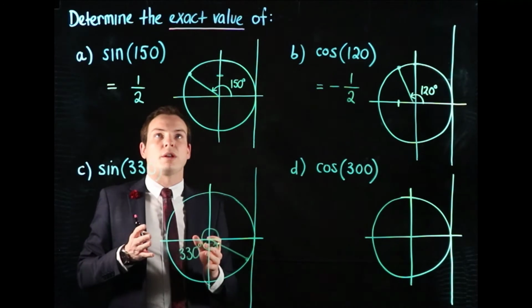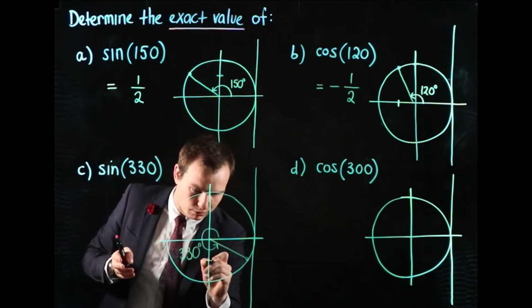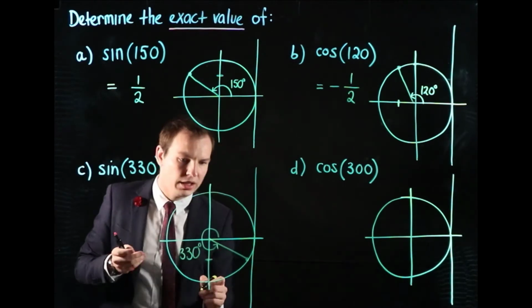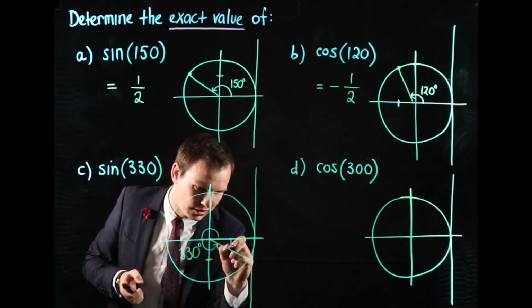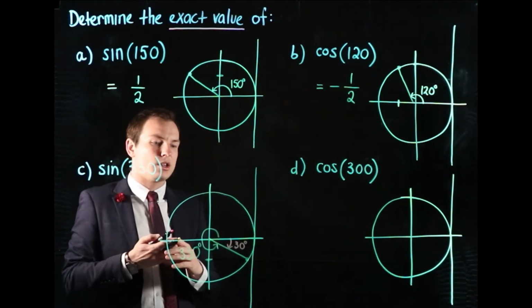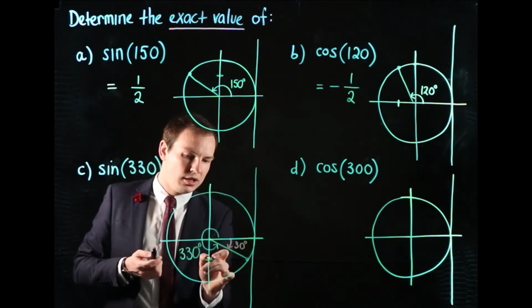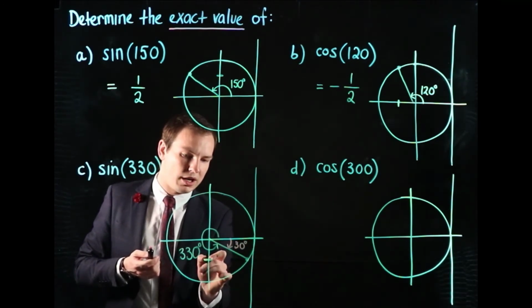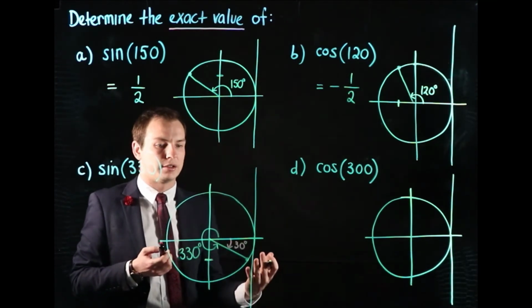Now we're asked for the exact value of sine, so that means we're reading it off the y-axis. Again, we're only that 30 degrees back. So this is 30 degrees in here. That's telling us that we're actually going to have the smallest y value. We would have the largest x value there, but this is the smallest y value in terms of that root 1 on 2, root 2 on 2, root 3 on 2 pattern.